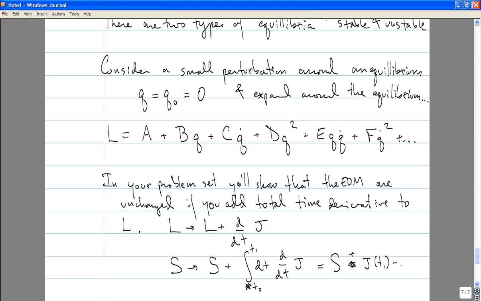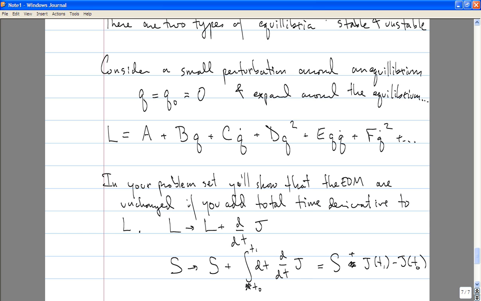So in particular, it is independent of the choice of path through configuration space. That means that minimizing the action with respect to the path will not change if I add a total derivative to the Lagrangian.